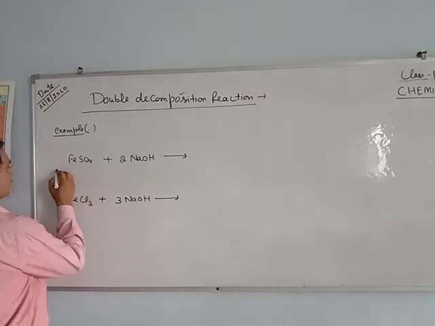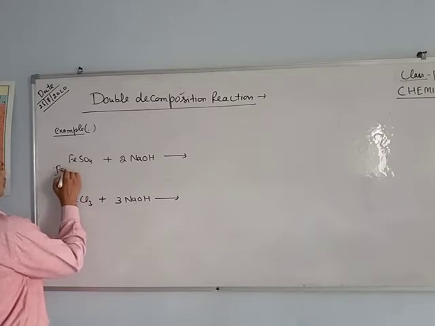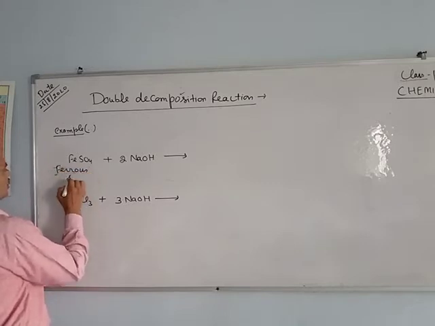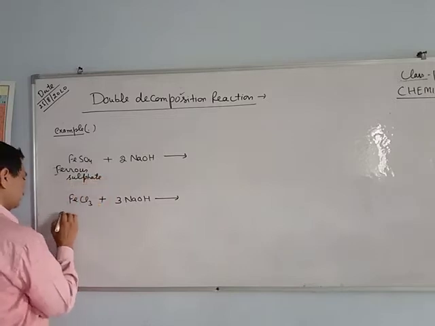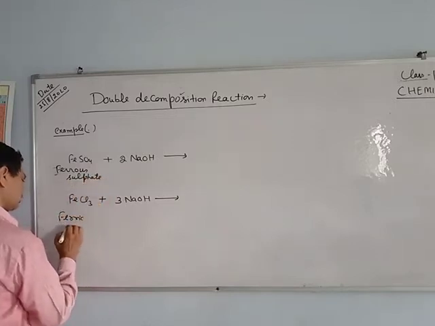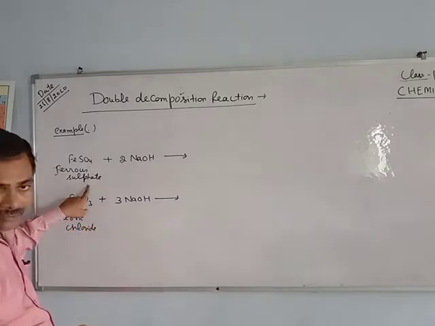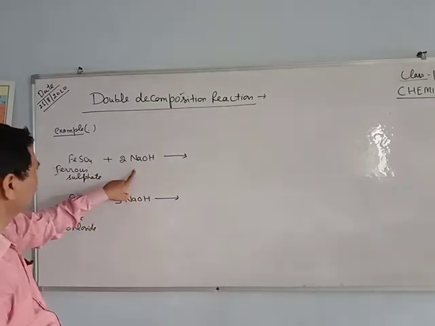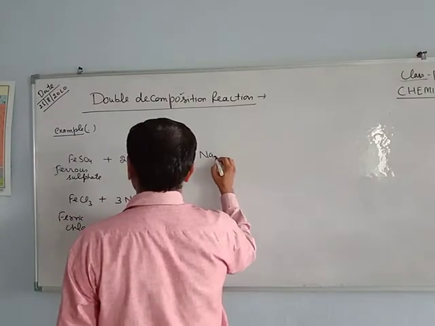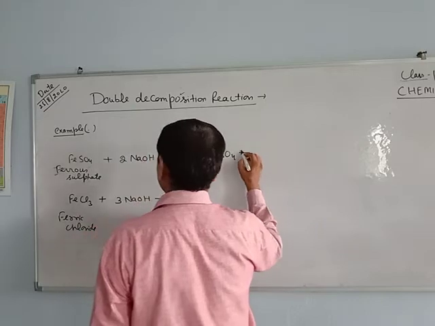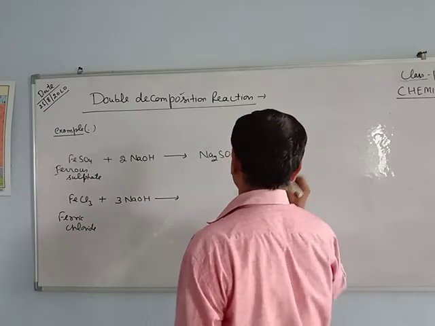Suppose you get a solution of ferrous sulfate, and this is a solution of ferric chloride. When ferrous sulfate reacts with sodium hydroxide, it gives sodium sulfate and ferrous hydroxide.